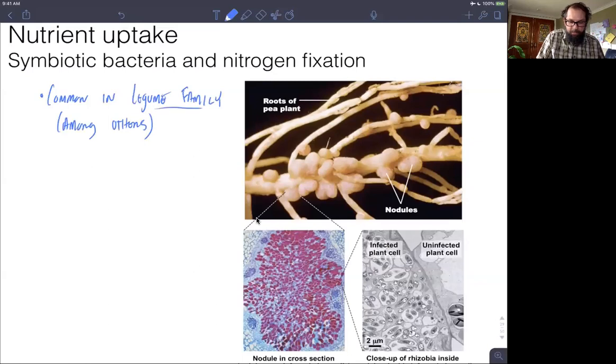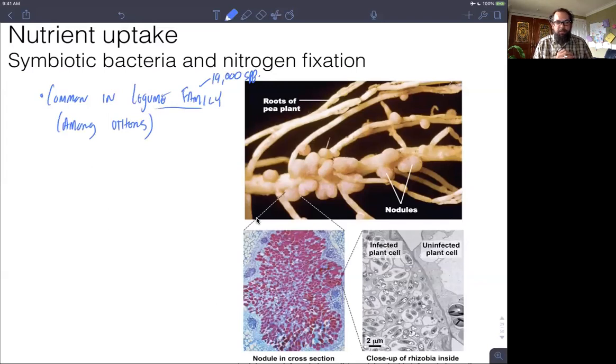I will mention that the legume family is one of our largest families of flowering plants with around 20,000 species. And so it's possible that the success is lent a bit to having this symbiotic relationship with nitrogen fixing bacteria.